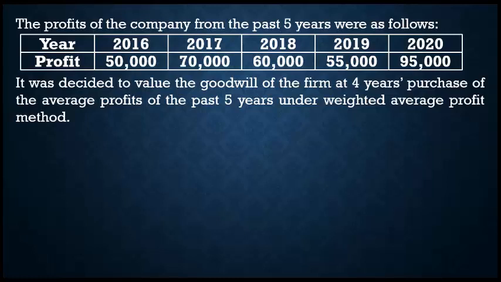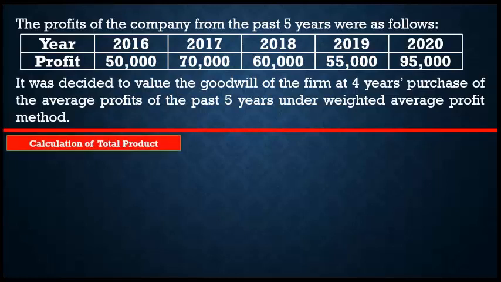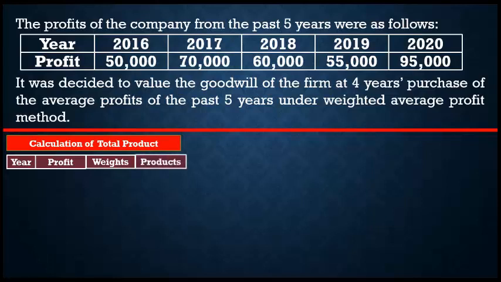Okay, now start to solve the problem. First, calculation of total product. First column year, second column profit, third column weights, fourth column product.